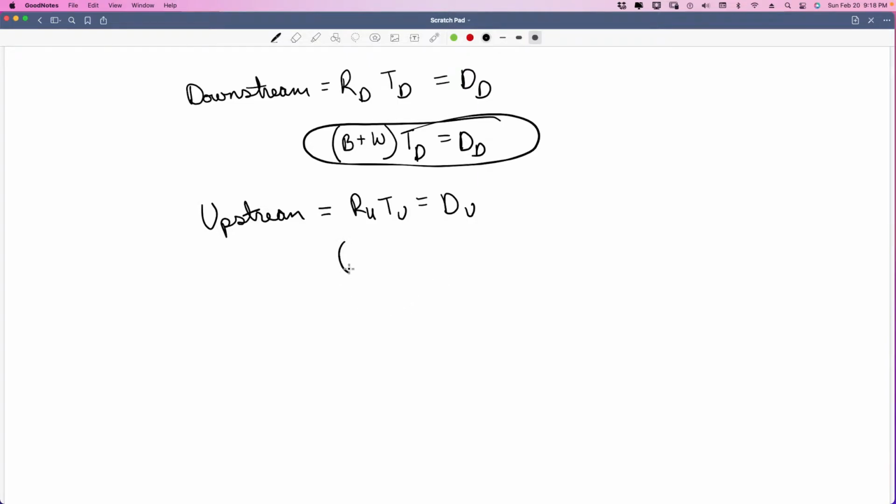The way we do that mathematically is the speed of the boat minus the speed of the water, times the time upstream, gives us the distance upstream. This is the formula we use for an upstream problem. Okay, so put those in your notes, and let's apply those to our first problem, 92.1.